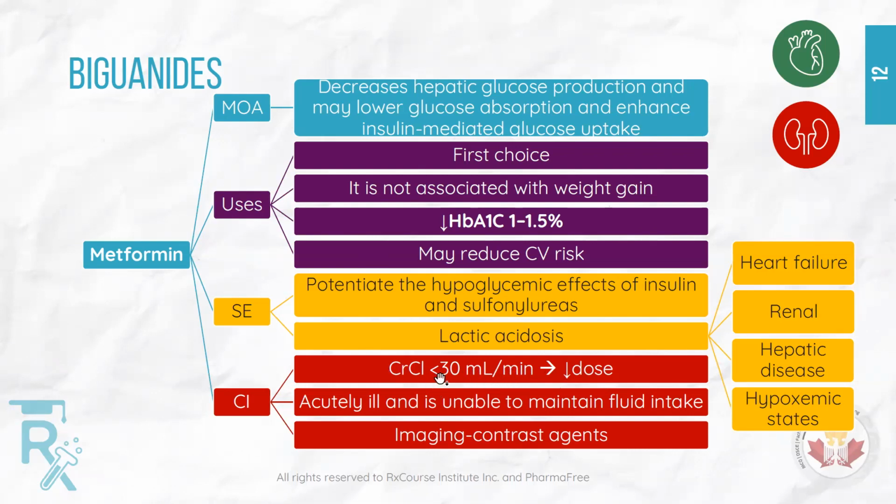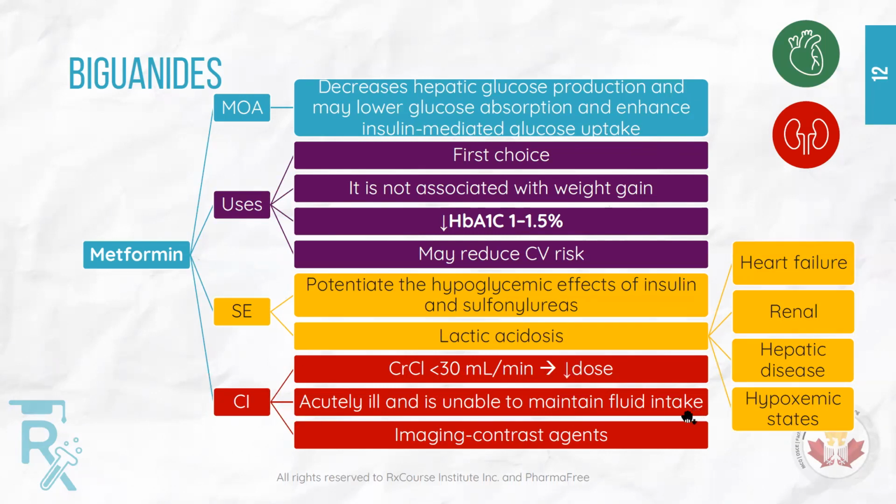Again, metformin is contraindicated if creatinine clearance is less than 30 ml per minute, but if it is less than 60 ml per minute, we will need to decrease the dose. So we need to correct that, okay?